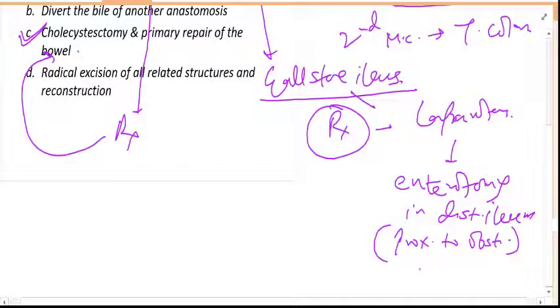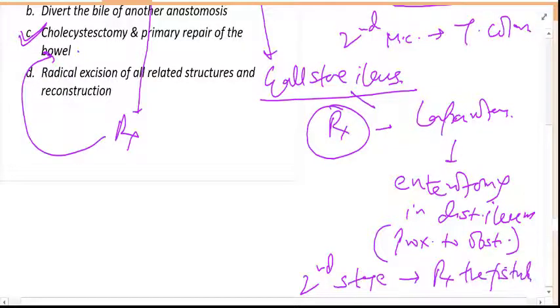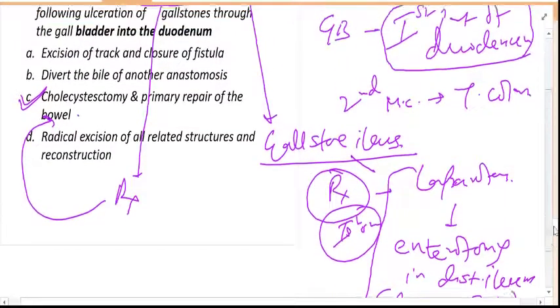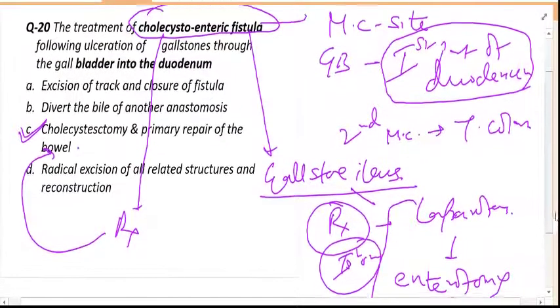And you will take out the stone, and in the second stage you will treat the fistula, because when the patient comes in the emergency, they are physiologically not well preserved, so at that time you do the minimum required thing. In the second stage you can call the patient and treat the fistula. So treatment of gallstone ileus is different from treatment of cholecystoenteric fistula.